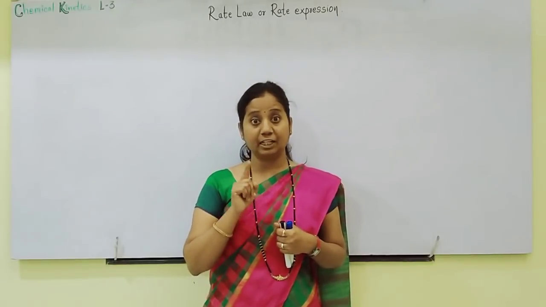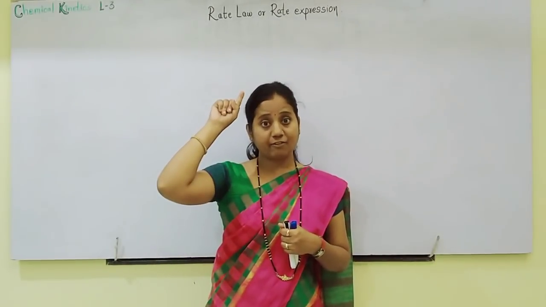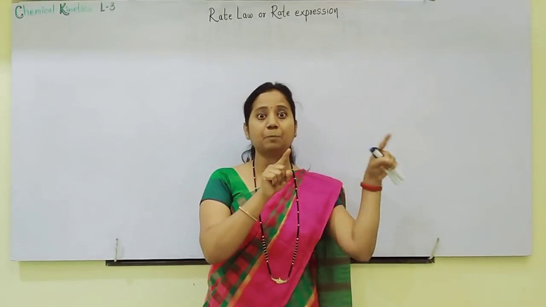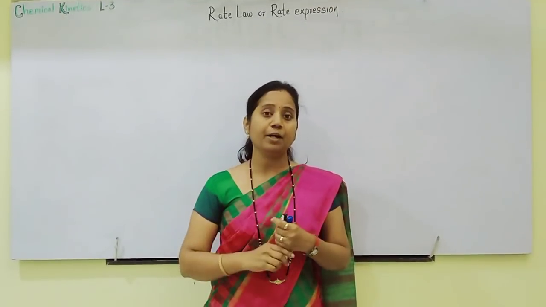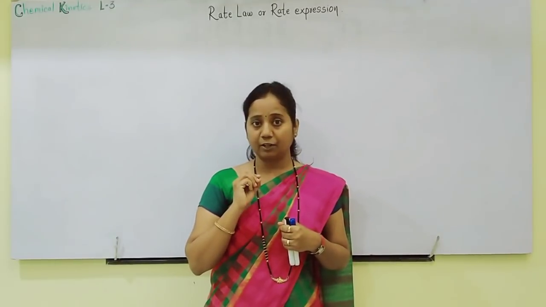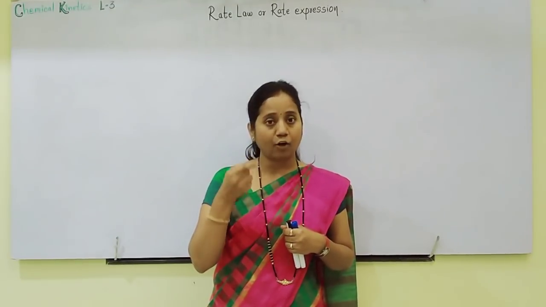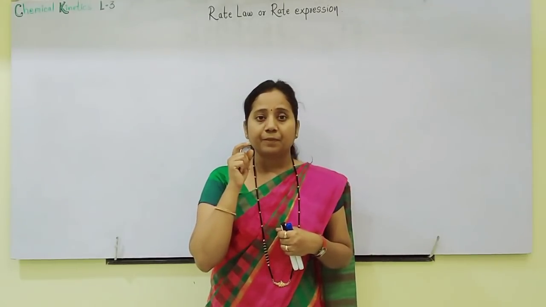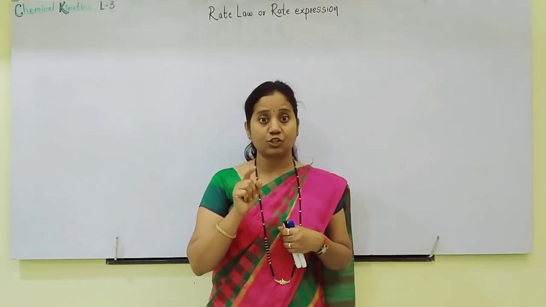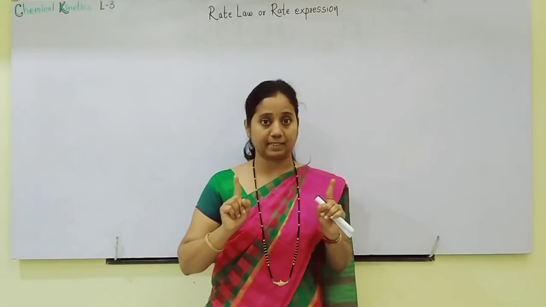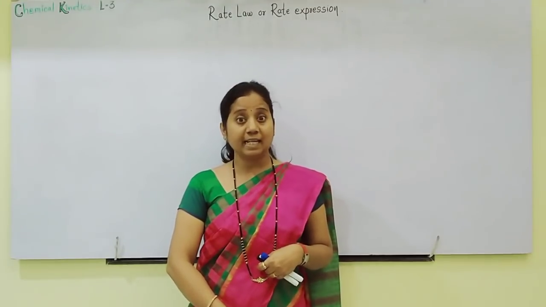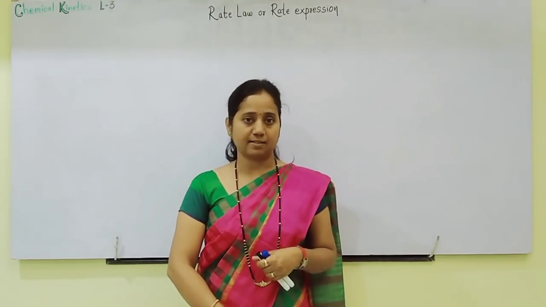Students, quickly see the difference. Previously we were writing rate of reaction with respect to every reactant and product also. But according to rate law, rate of reaction is expressed in terms of molar concentration of only reactants, not products. So here we will consider only concentration of each reactant.